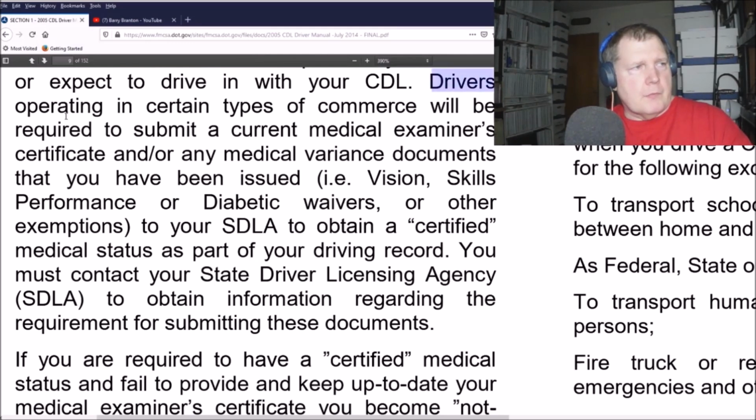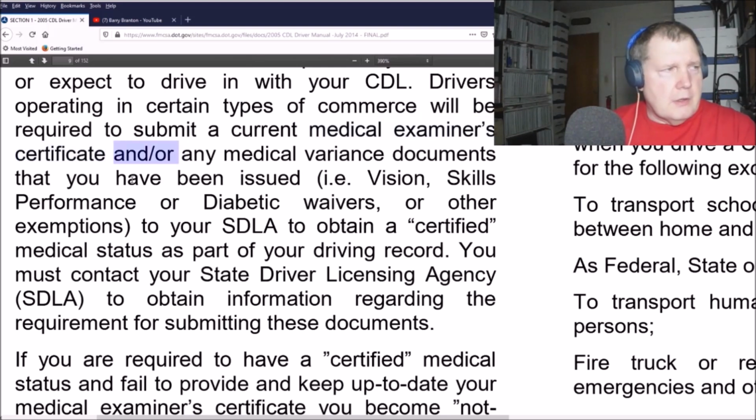Drivers operating in certain types of commerce will be required to submit a current medical examiner's certificate and or any medical variance documents that you have been issued.